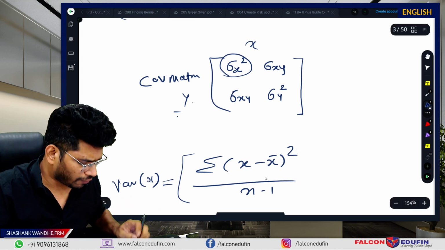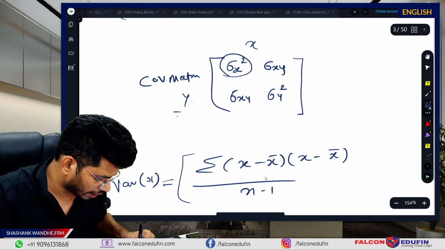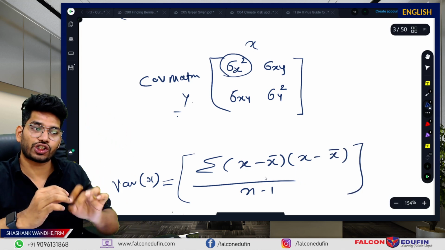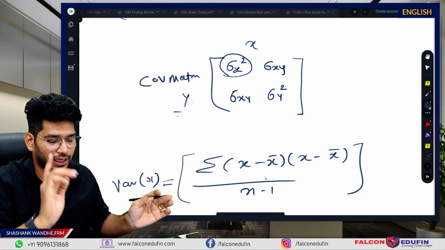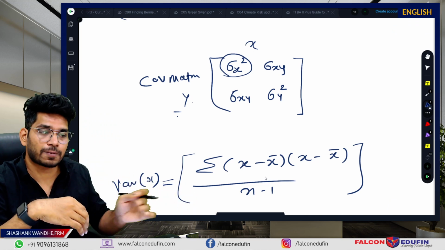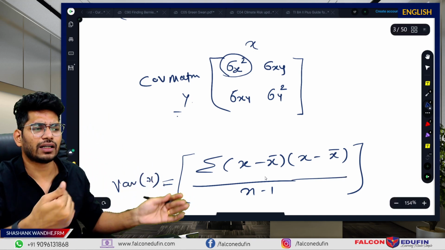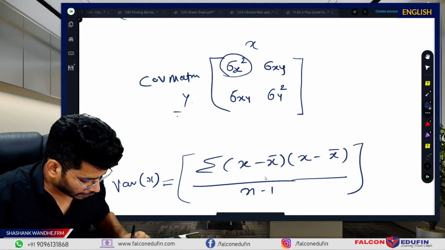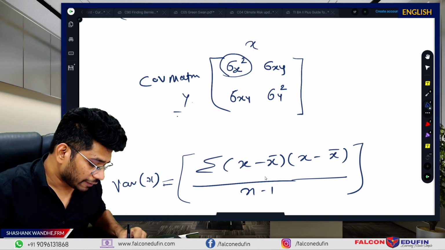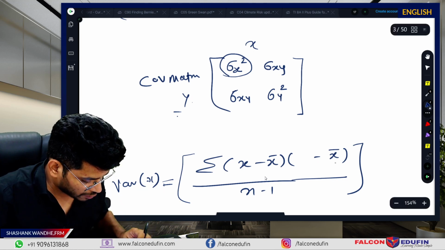I can write this formula in one particular style, that is the summation of x minus x bar multiplied by x minus x bar. Fine, no problem with that. If you multiply, this becomes x minus x bar square. Very simple. When you have x minus x bar and x minus x bar, we call this variance.